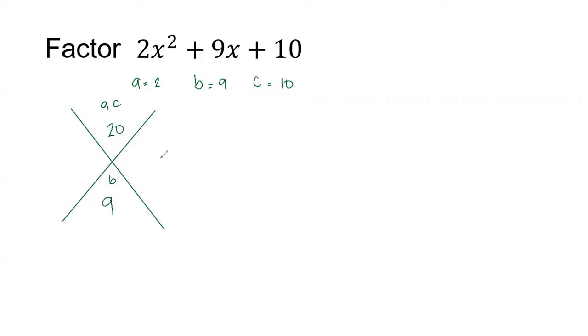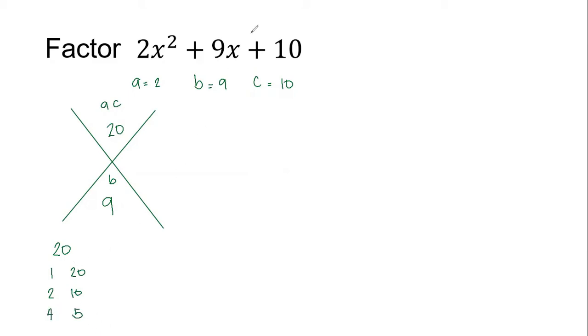Now, for the side parts, these will be the factors of 20 that, when added together, would be equal to 9. So let's list down all the factors of 20. We could have 1 times 20, 2 times 10, and 4 times 5.